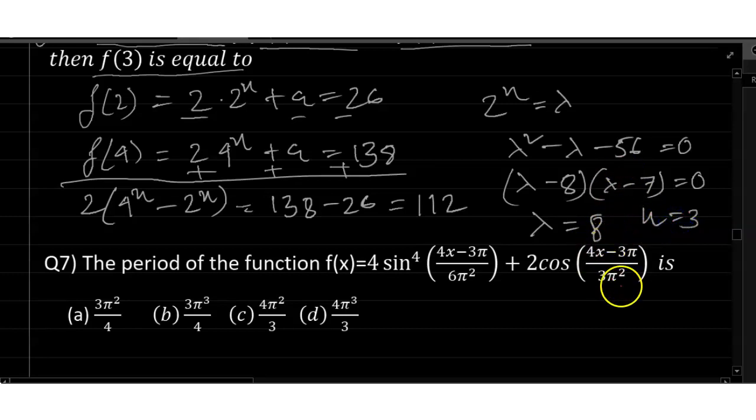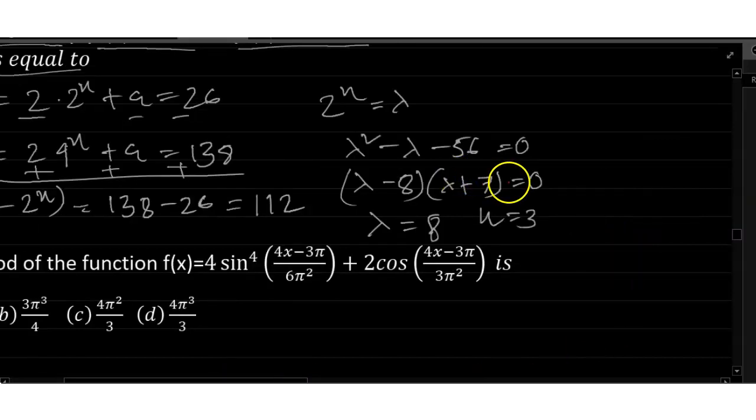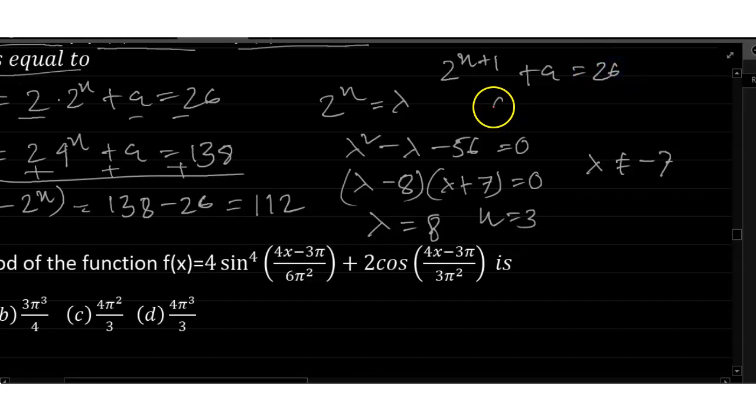Lambda plus 7, so lambda does not equal to minus 7. So whatever we get, 2 to the power n plus 1 plus a equals to 26. A equals to 26 minus 2 to the power 4 equals to 10.